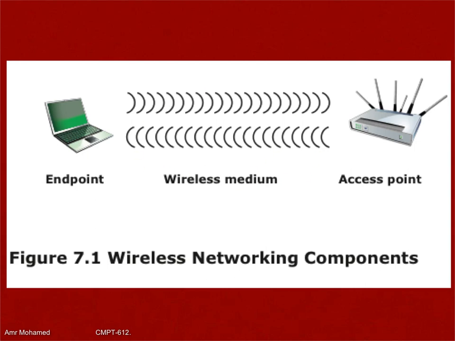The wireless medium itself has lots of impairments. The wireless signal itself has lots of impairments. If you know the details about this from the wireless communication course, there is an enormous amount of impairments in the wireless signal that you really need to understand well.